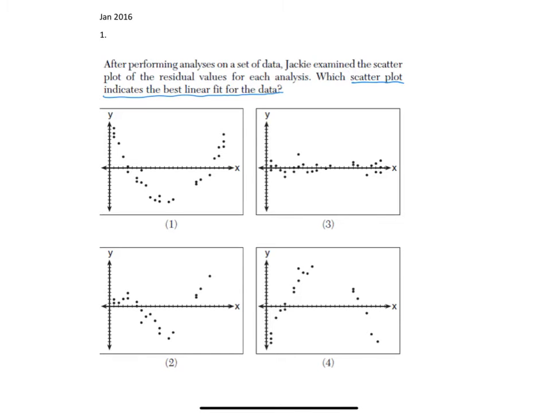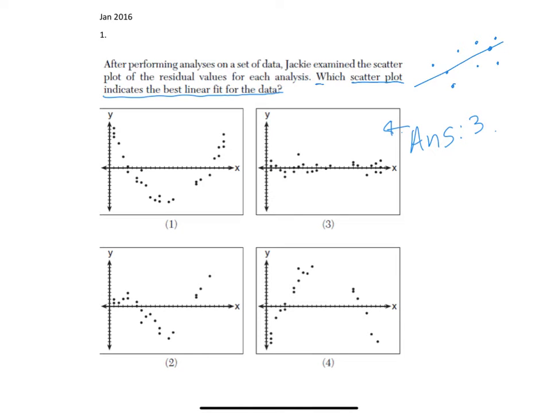So whenever we are looking for a best line, we are looking for this. So a line and our point should be somewhere like around the line, maybe even on the line. So this is what we are trying to look for. So which graph out of all these is something like that, so that you have a line of best fit and the points are all in close proximity to it. Right here, answer 3. This is the best option.